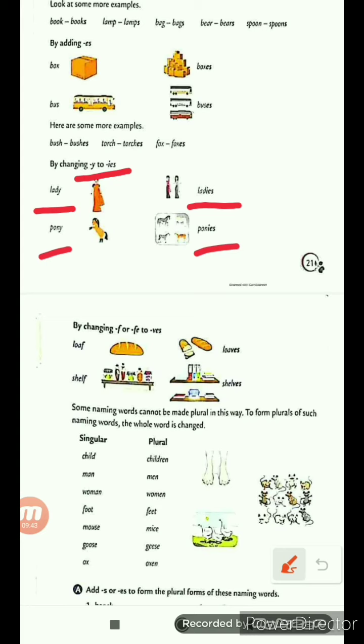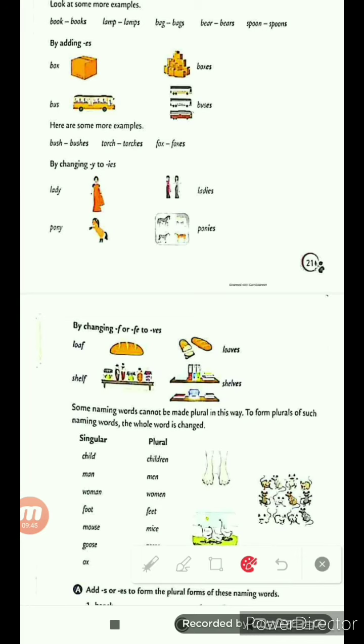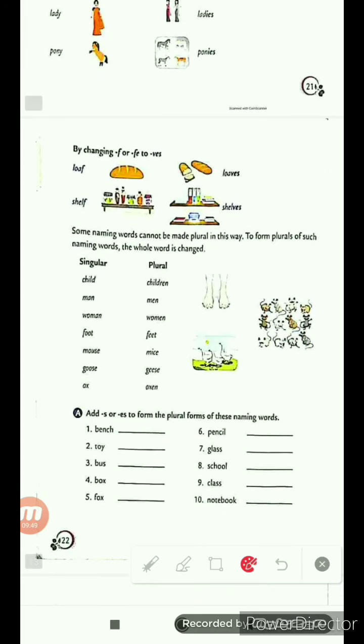Now next is by changing f or fe to ves. If the last letter is f or fe, we will change it to ves to make it plural.